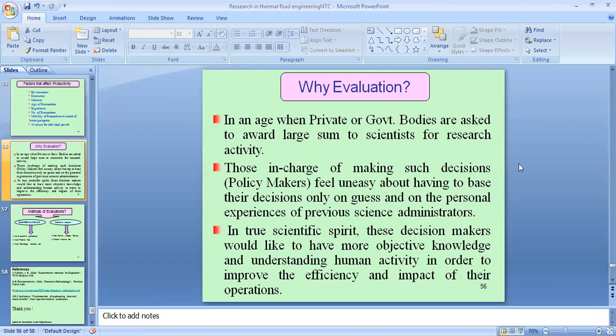So scientists, whether in private or government organizations, please understand one thing: research needs money. And when any organization is investing money, whether government or private, it wants output from this. So when we want output, we also want to measure the performance of the scientist.